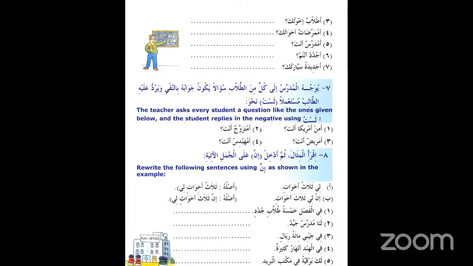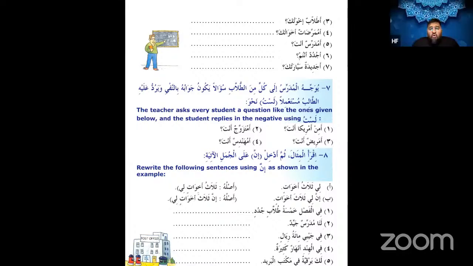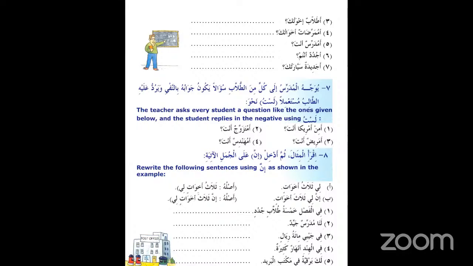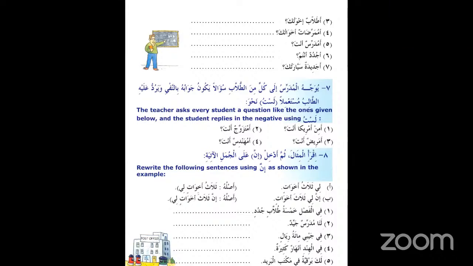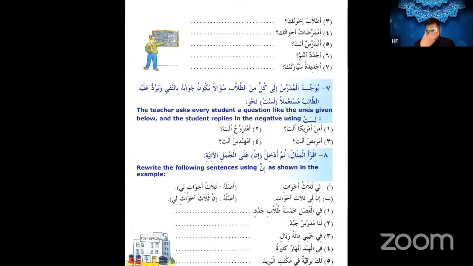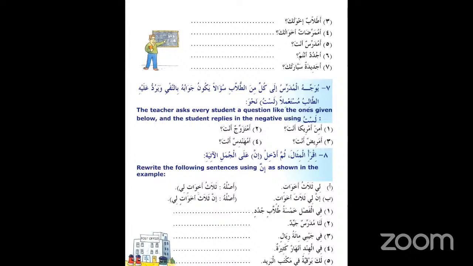Are they your brothers? No. هم ليسوا إخوتي. There's no need to bring ba there. You remember we did this? When there's possessive ya, there's no ba needed to bring in. So it'll be just ikhwati. Oh, I see. Okay. So that's not in the example, right? No, I don't think it's there. Okay. All right.